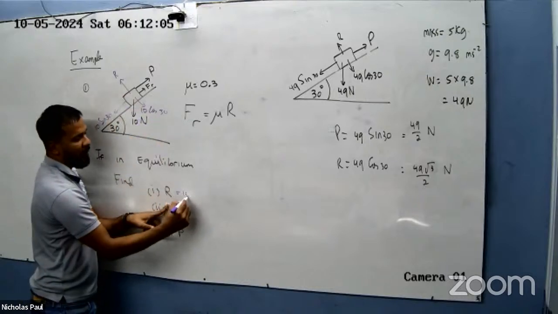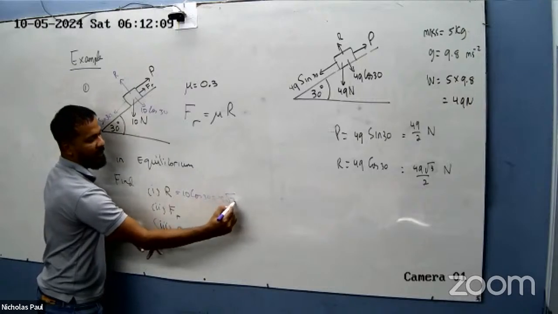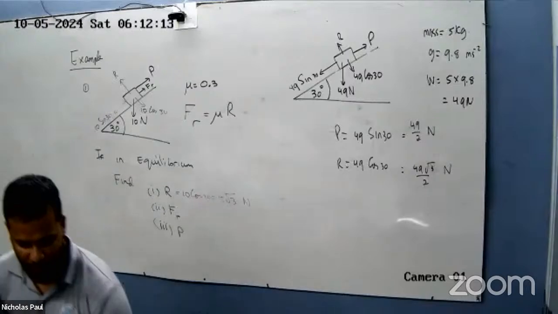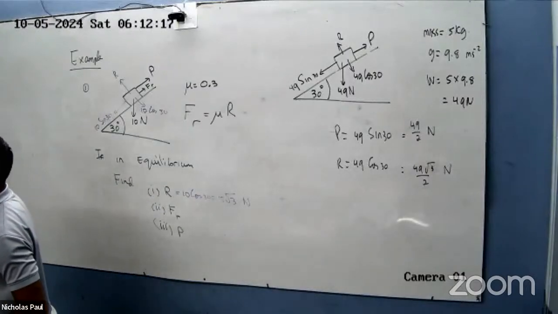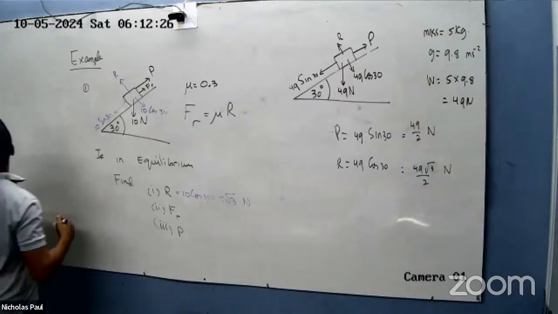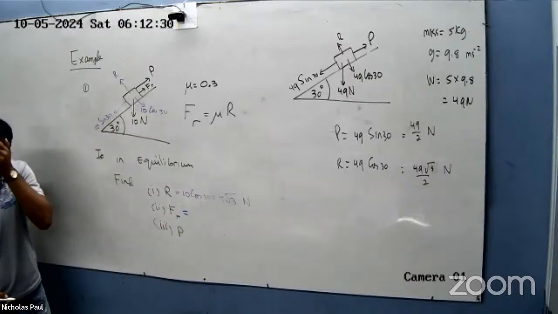R is equal to 10 cos 30, which is 5 root 3. That's okay? 5 root 3. How are we getting friction?